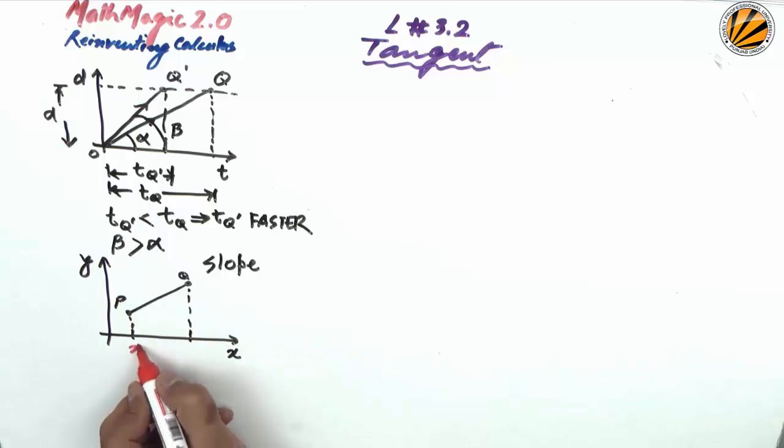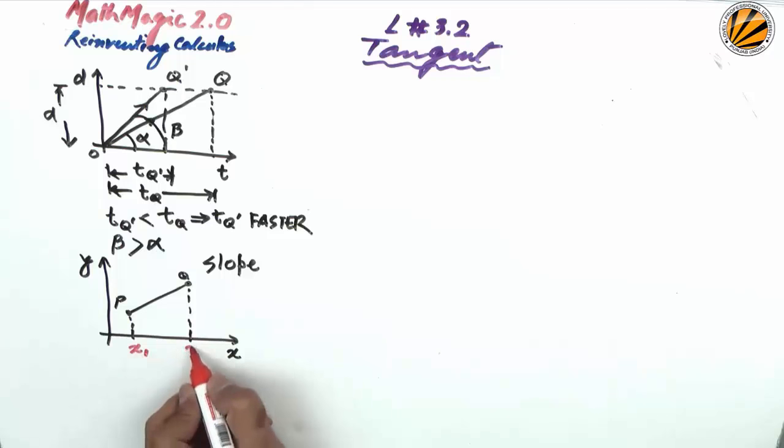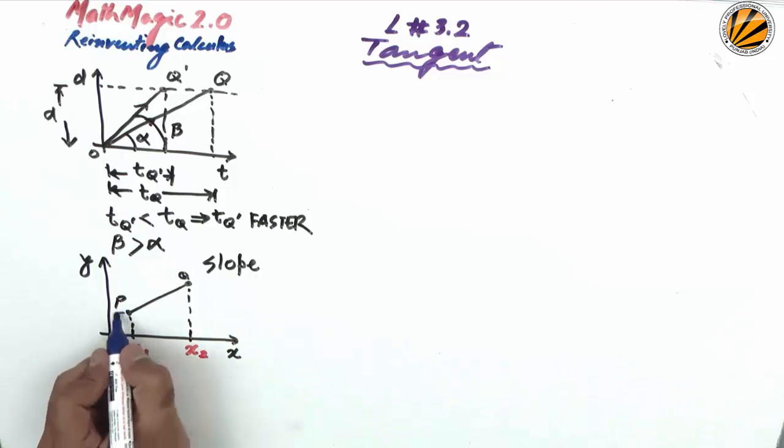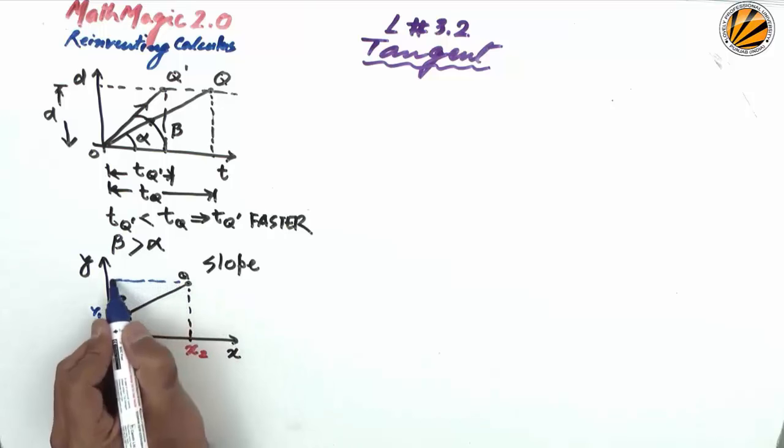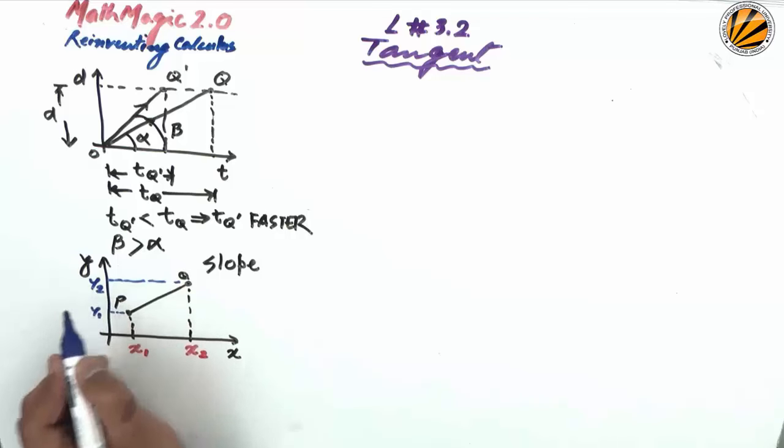This P would have coordinate x1 and this Q would have coordinate x2 on the x-axis, whereas this would have coordinate y1 and this would have coordinate y2 on the y-axis.